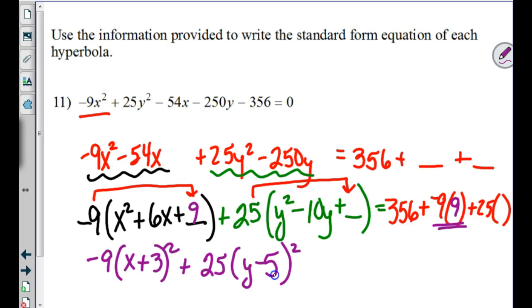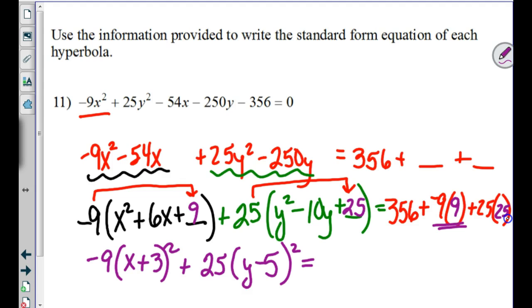And then I cannot believe some of you wrote -25 in this blank. What's -5 times -5? Okay, it's positive. And then this was a positive 25 times 25. Right. Okay, so on this messy side, I have 356 minus 81 plus 625.